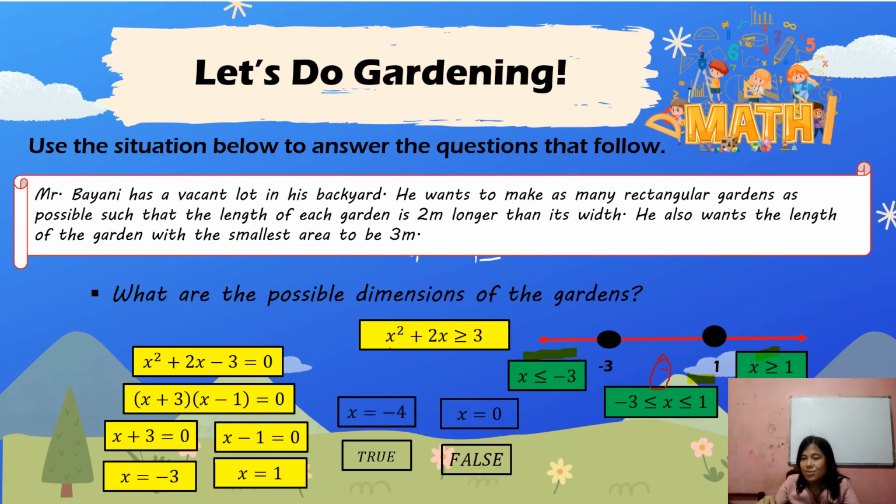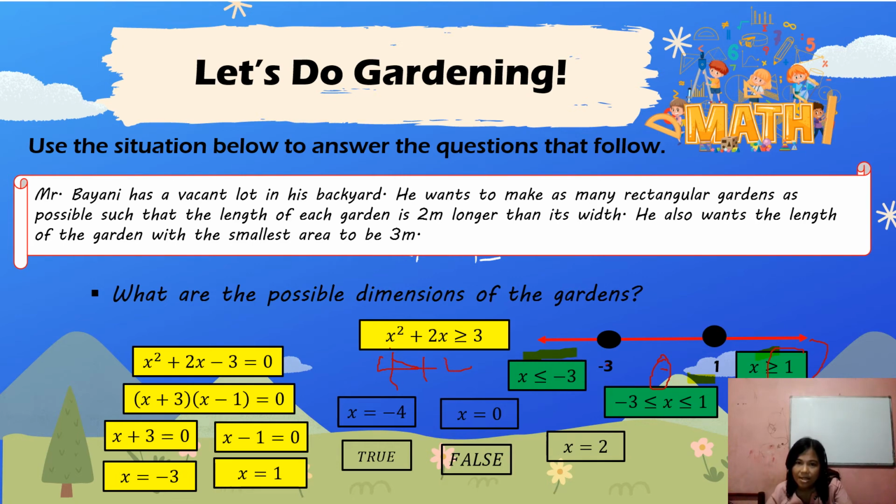Now on the last one, greater than 1 here. For this one, of course, we can use 2. Alright? So if x is equal to 2, just substitute. Then 2 squared must be 4. And then 2 times 2 is 4 again.